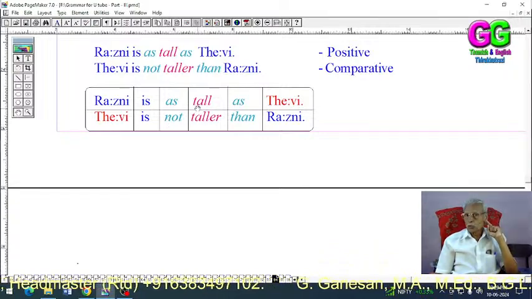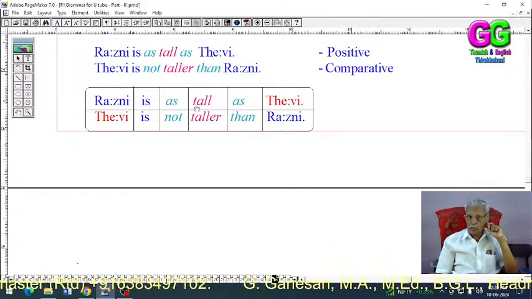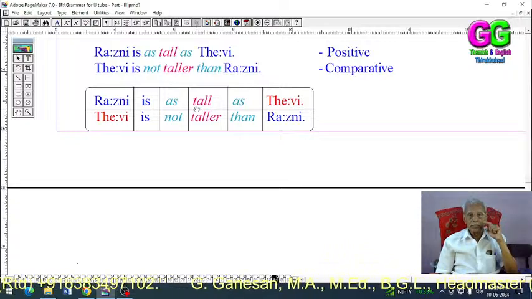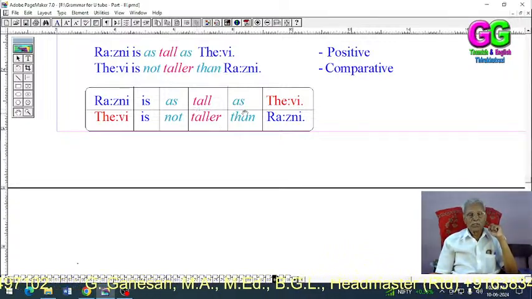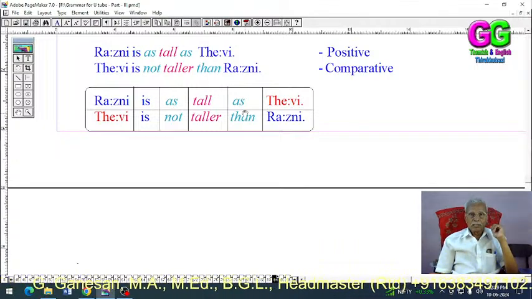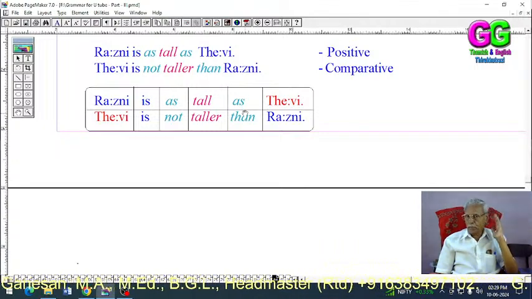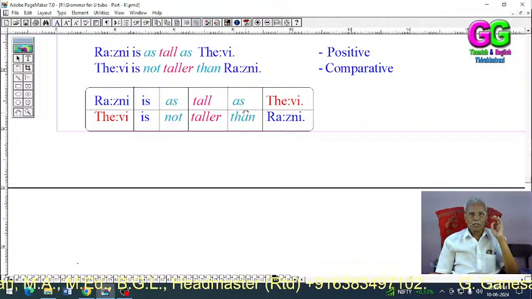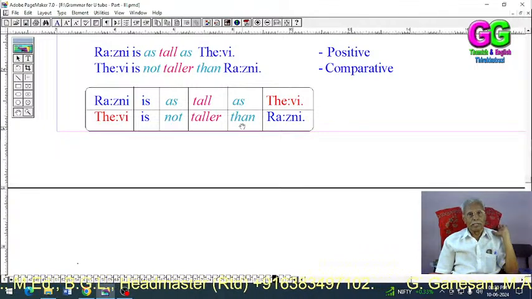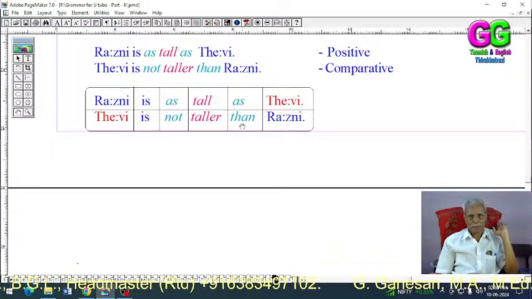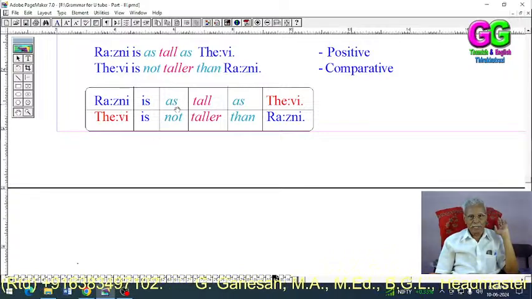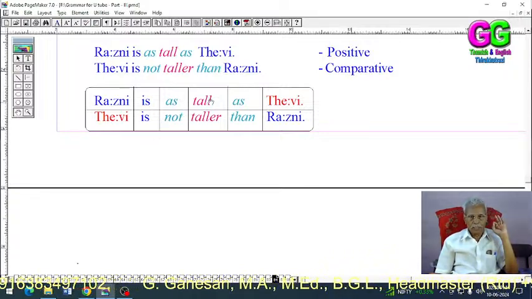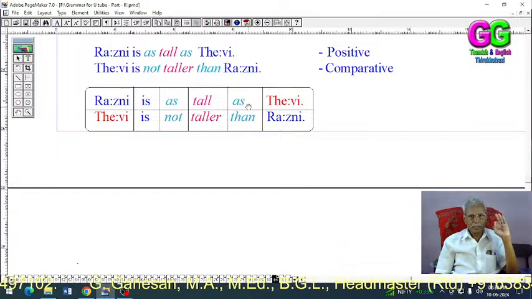Fifthly, the adjective tall has been replaced by its comparative form, taller. Sixthly, the second "as" has been replaced by "than". These are the six rules: first, subject to object; second, object to subject; then the verb; then "as" to "not"; then positive to comparative; then "as" to "than".